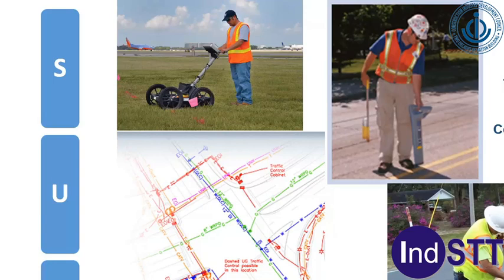Whatever we have talked about, the data not being available or being inaccurate, this was felt in the US in their transportation sector, and that's where they came up with the concept of SUE. So we are not talking about India. We are talking of a country which is supposed to have a very good, very well defined utility network. Despite that, they realized that if they trust only the data which is available, they meet with lots of problems, and that's how they came up with the concept of SUE.